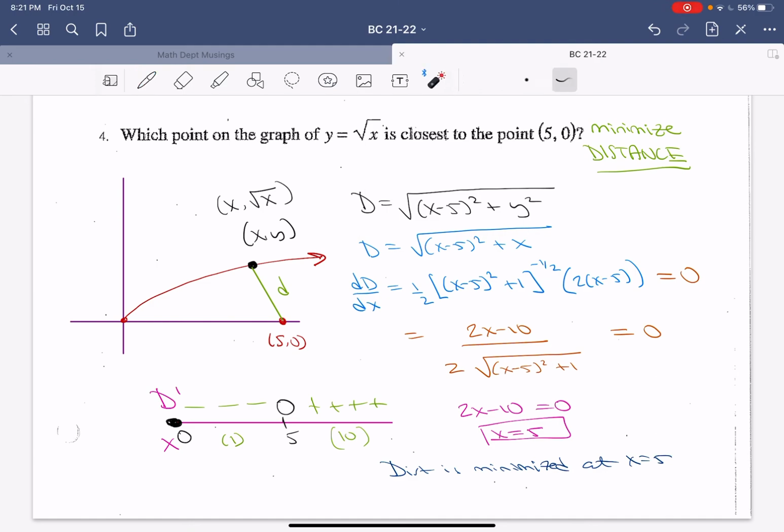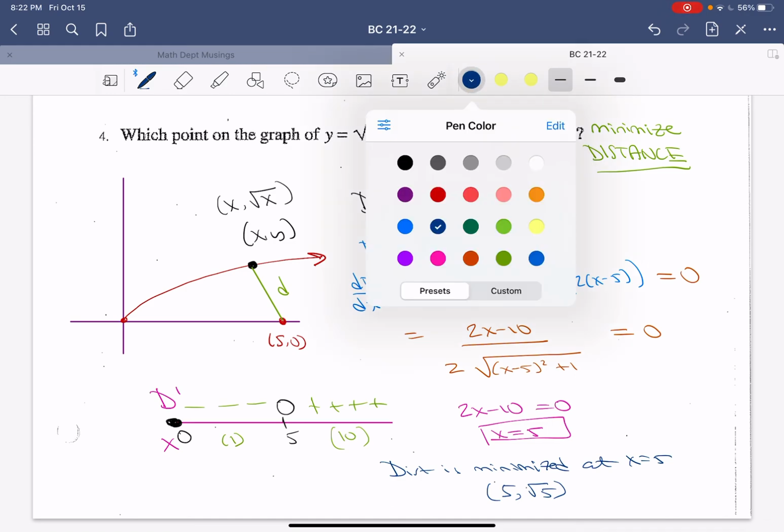Now, I'm going to make sure I answer the question: which point on the graph of y equals root x? Very good. I am going to say that we didn't fully answer the question. The point has to be an ordered pair. So the point is (5, root 5). And if I wanted to go to my picture over here, I can go ahead and draw it.